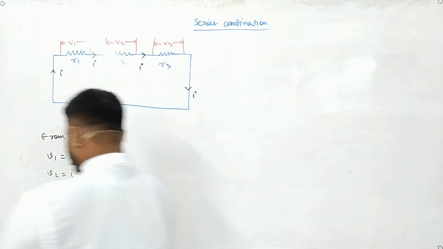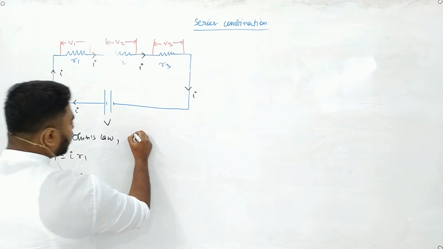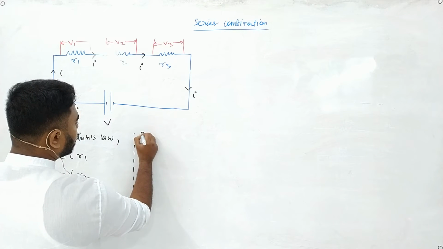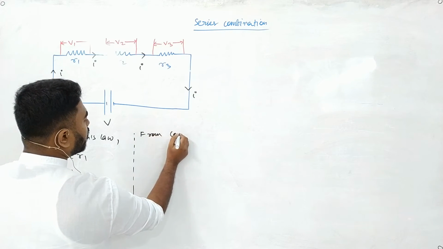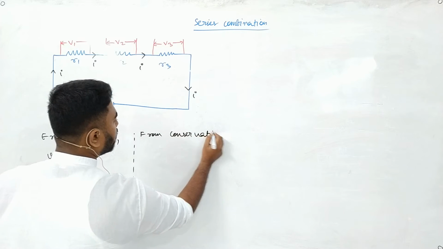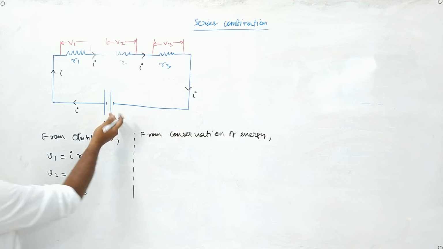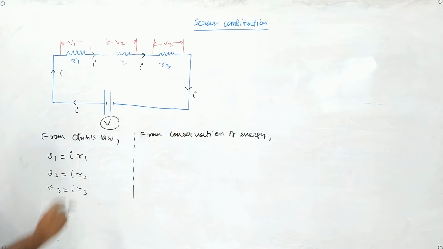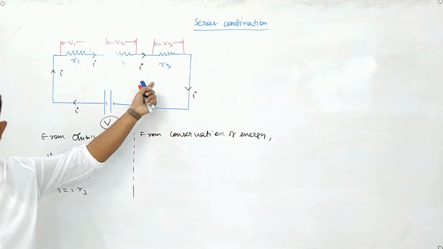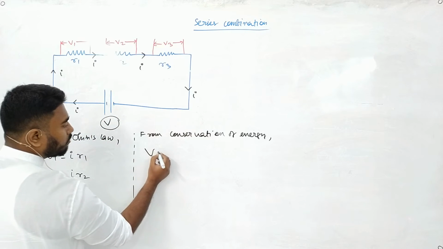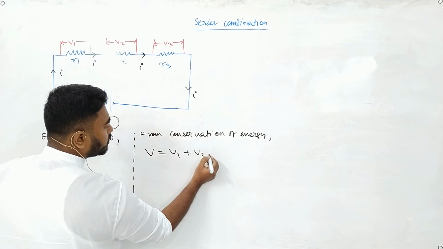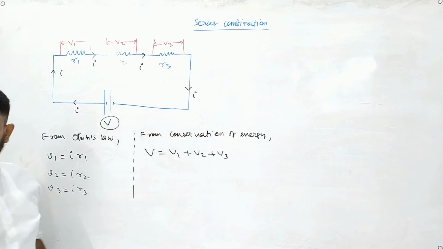So from the law of conservation of energy, we can say that the voltage or EMF that you will give out, V, must be equal to the 3 voltages. So V must be equal to V1 plus V2 plus V3.